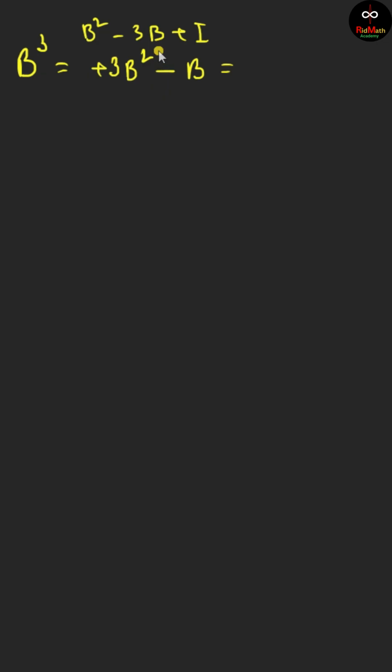So after subtracting, plus 9B and minus 1B, this is 8B, and after that this is minus 3I.